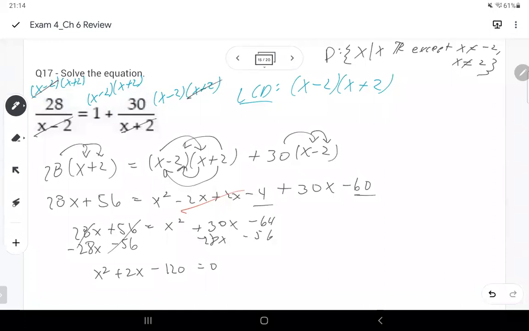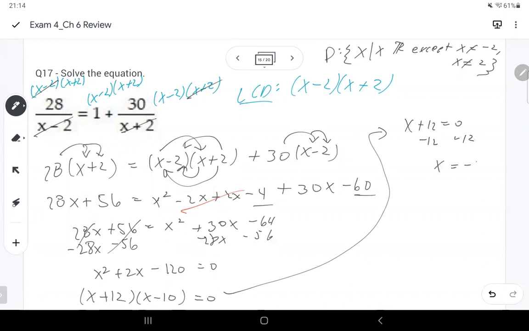You can list out all the factors, but you end up needing x plus 12 and x minus 10, which will give you a solution set of -12, 10.